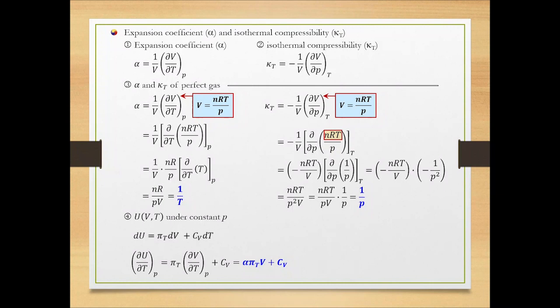Keep in mind that all alpha, pi T, V and CV are physically measurable parameters. This allows you to determine the rate of change of internal energy with respect to temperature when pressure is held constant.